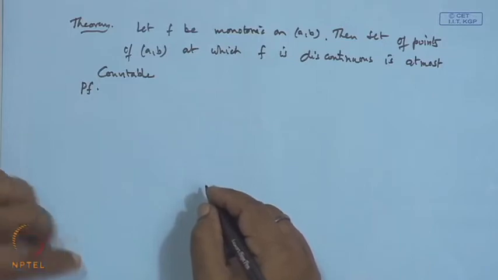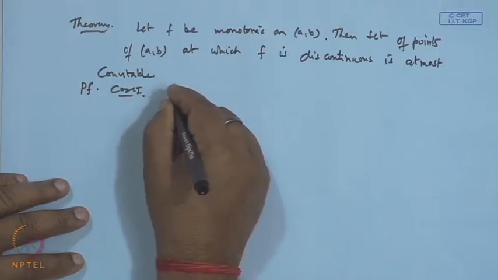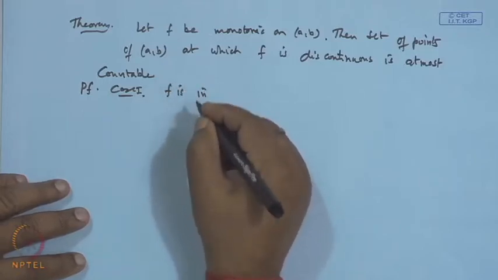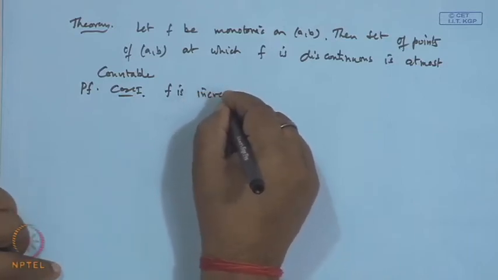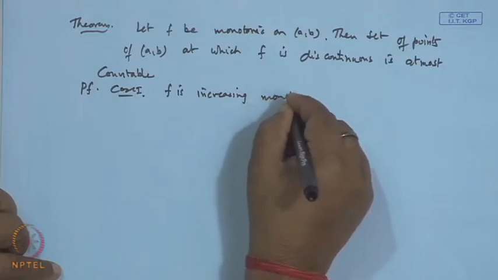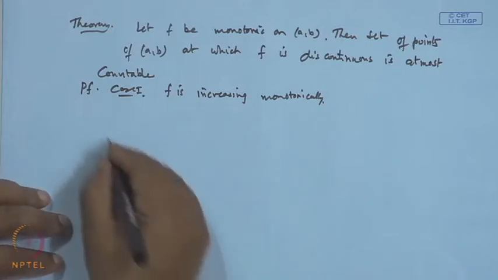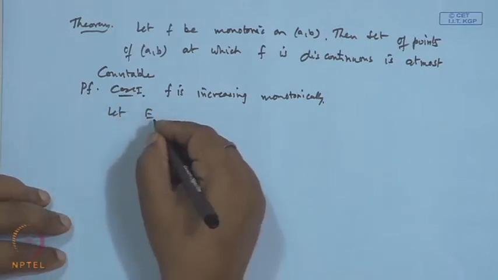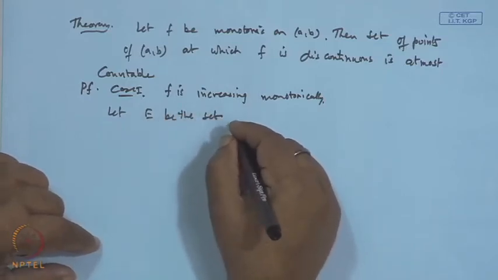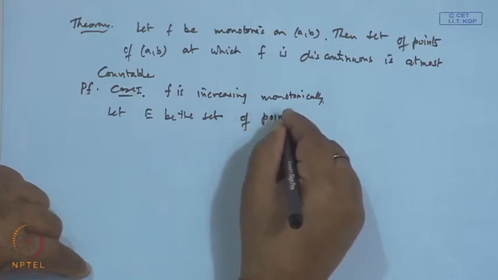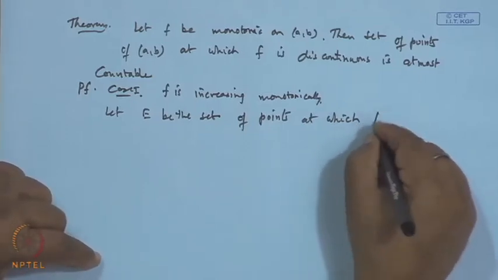Suppose, case 1, f is a monotonically increasing function, and let E be the set of points at which f is discontinuous.